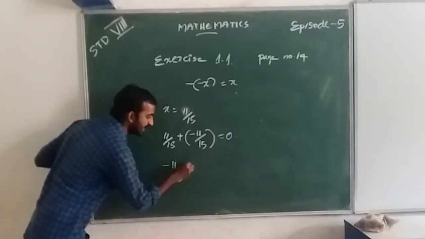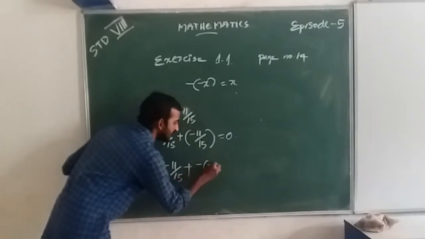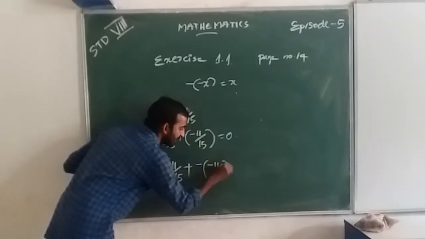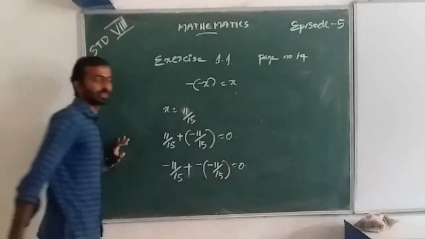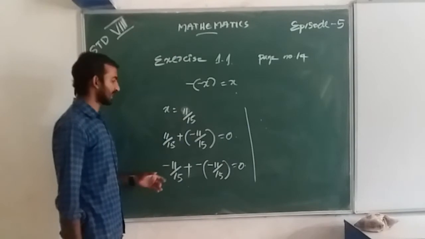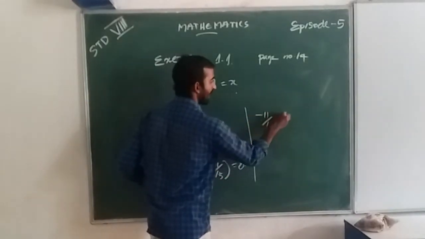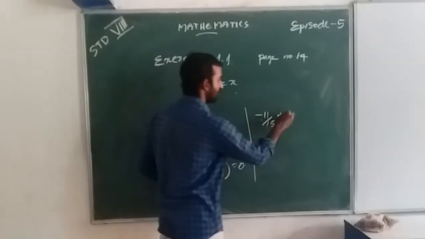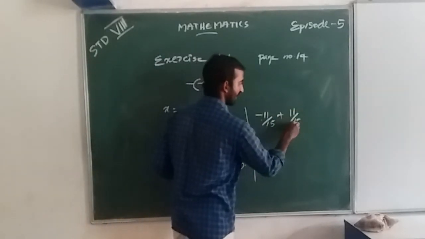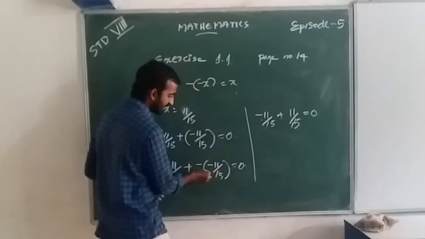That is plus 11 by 50, and minus 11 by 50 plus 11 by 50 gives 0.